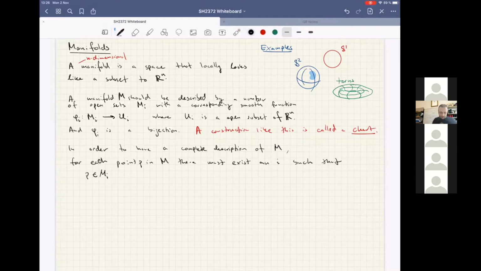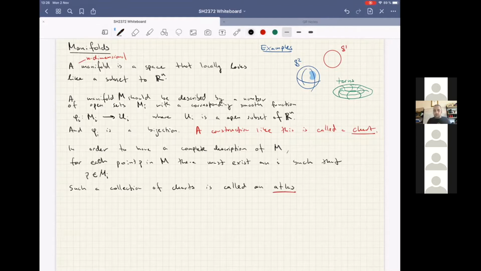So if we have such a collection of charts, such a collection of charts is called an atlas. And again, it's not strange to see where this nomenclature comes from.